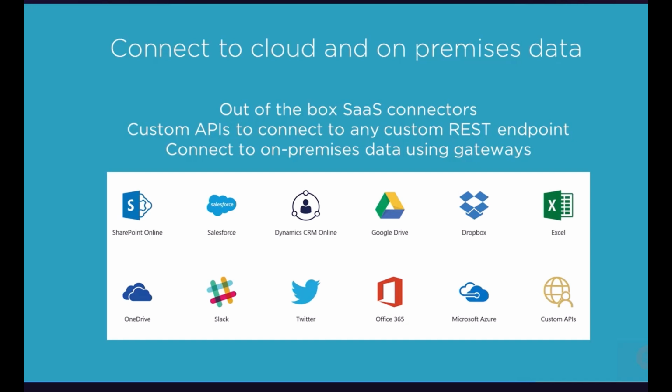And this slide shows you some of these: SharePoint, Salesforce, Google Drive, Dropbox, etc. And then you always have this ability to take a custom API that you may have developed, whether it is running in the cloud or on-prem, and then be able to access that from the Power Apps Studio as well.